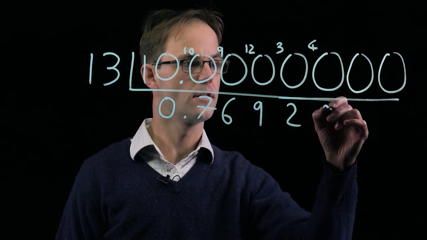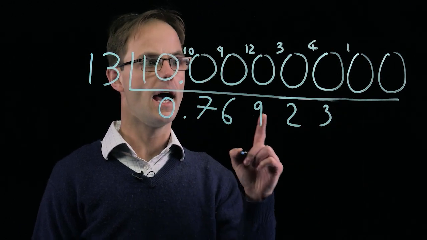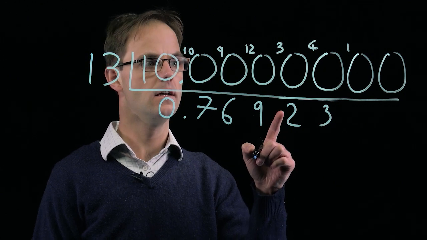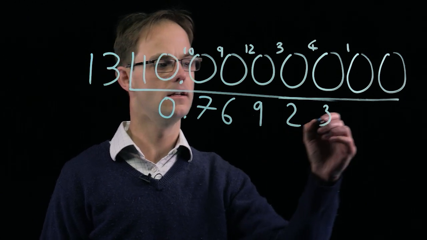Into 40 is 3, remainder 1. And 13s into 10 goes 0, remainder 10.